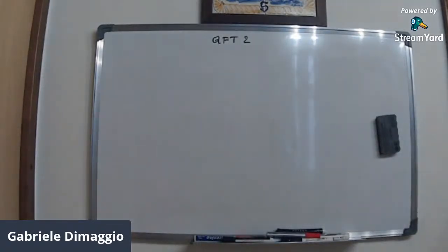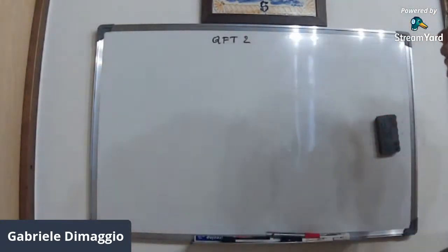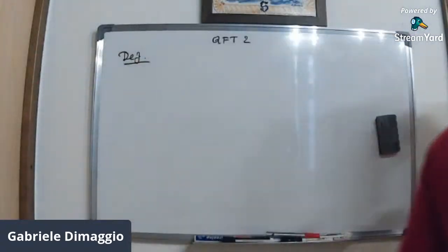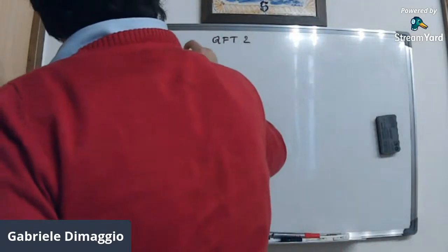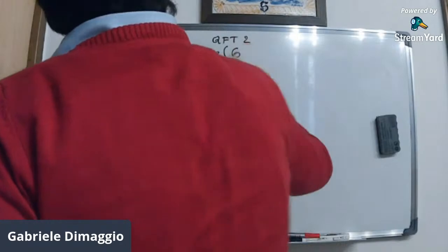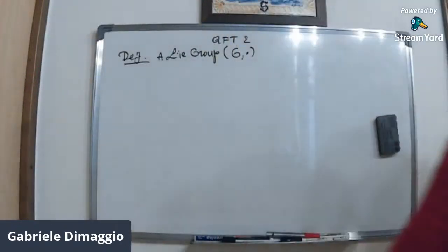Okay, perfect. So, what is a Lie group? A Lie group is a particular type of group. So we have a definition. A Lie group, so G equipped with a group operation.